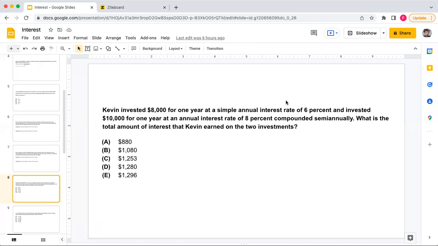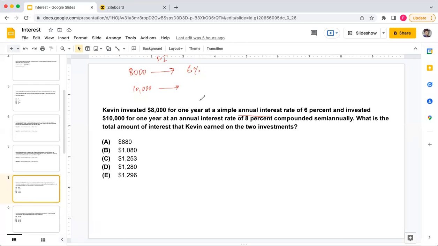Okay, so just solve this question and try to solve it a bit quickly. Simple question. Given $8,000 for 1 year at a simple interest rate of 6% annual. And $10,000 at an annual rate of interest of 8%, compounded semi-annually, both for 1 year.